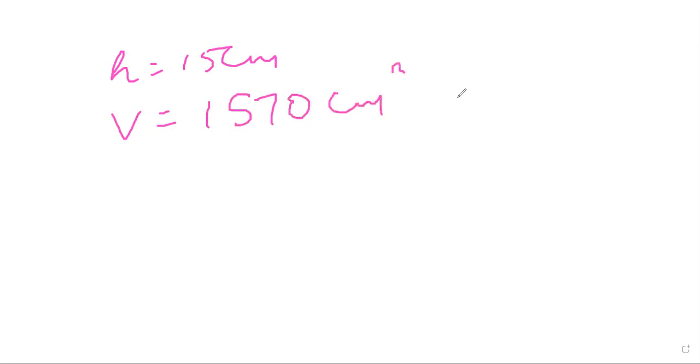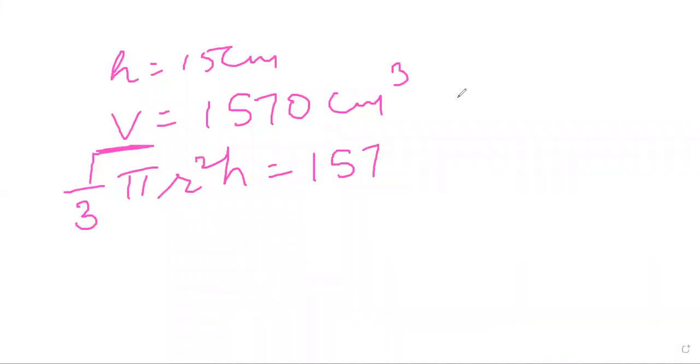Next, the third one: the height of a cone is 15 centimeter. If its volume is 1570 centimeter cube, find the radius of the base, using pi as 3.14. Here you are given height 15 centimeter, volume 1570, and we have to find out the radius. So here we'll use the volume formula: 1 upon 3 pi r square h is 1570.